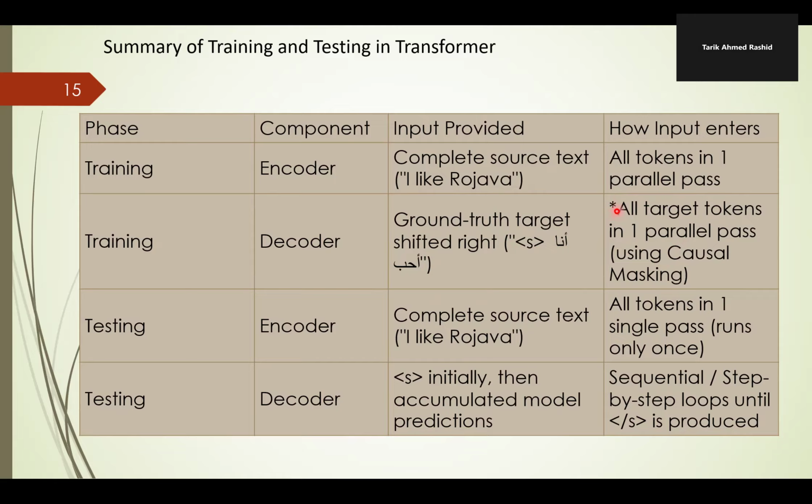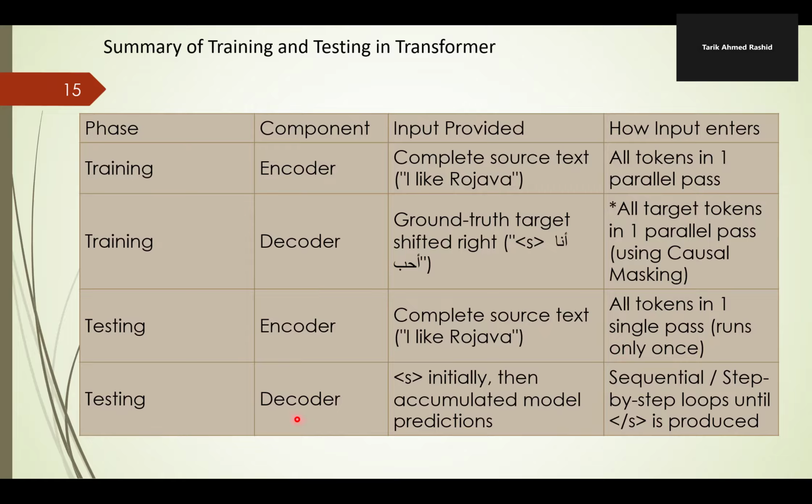Remember this asterisk, which I will explain in the next slide. It signifies slides that are coming after this slide. So in training, again, the whole sentence will be added in parallel, as we said. For the testing encoder, again, the complete source text, all tokens in one single pass, runs only once.